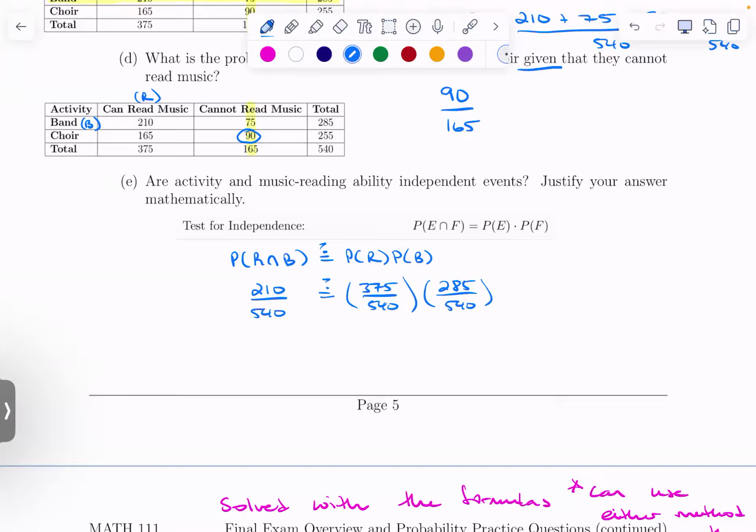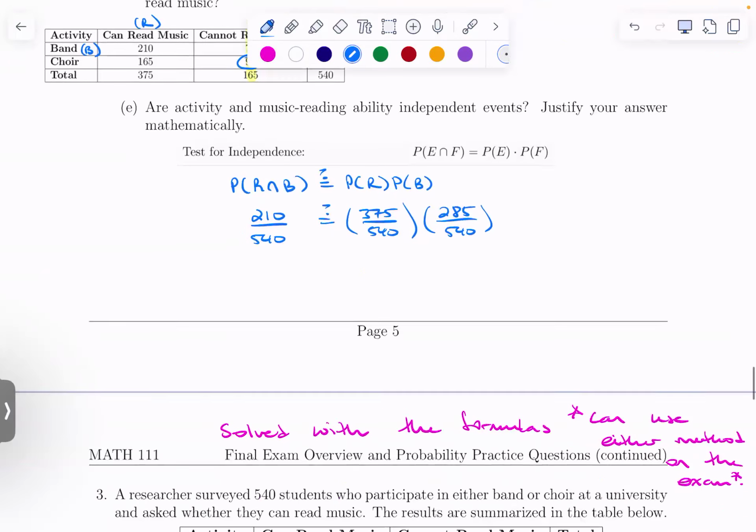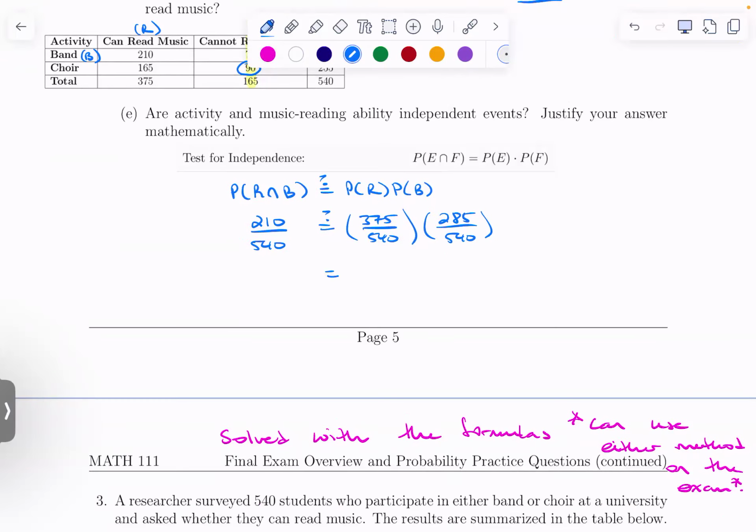$375 over 540 times 285 divided by 540. I get, on the right-hand side, 0.36651234557. Now remember, you want to keep a lot of decimal places here because in order to say they're independent, they have to be exactly the same.